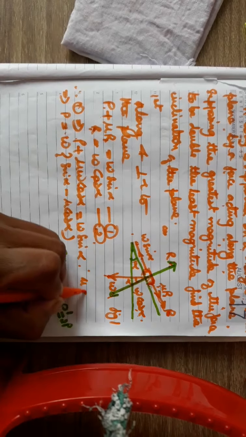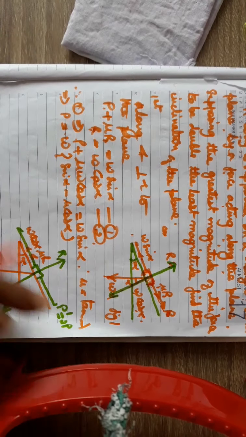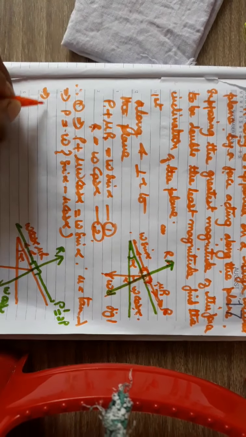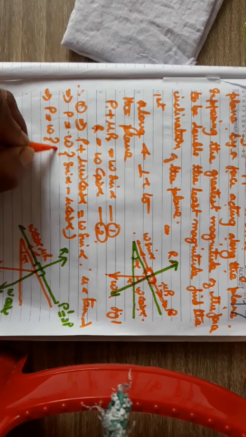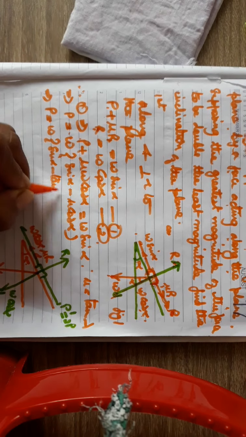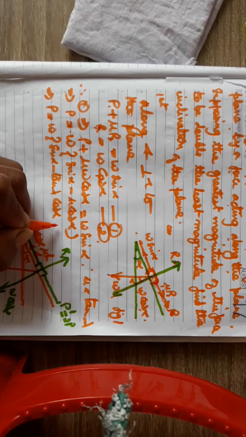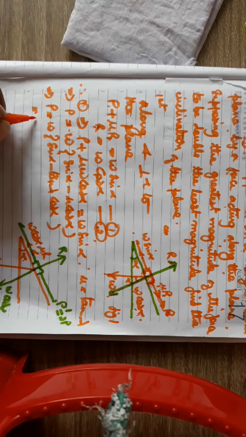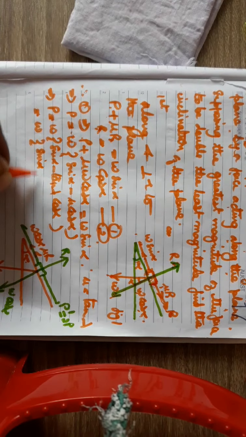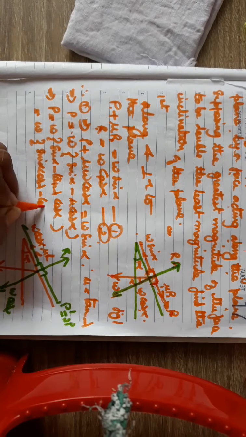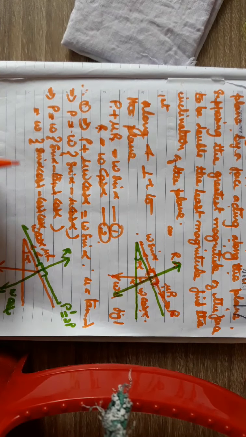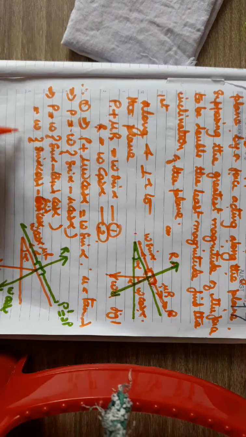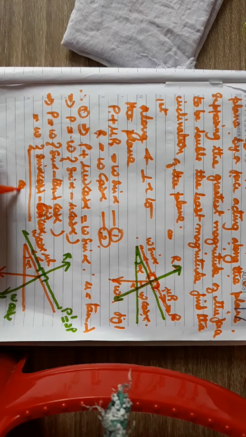But we know that mu is equal to tan lambda, where lambda is the angle of friction. So you replace this mu by tan lambda. So P is equal to W into sine alpha minus tan lambda into cos alpha. Replace tan lambda by sine lambda upon cos lambda. So you get W into sine alpha cos lambda minus sine lambda cos alpha, divided by cos lambda.